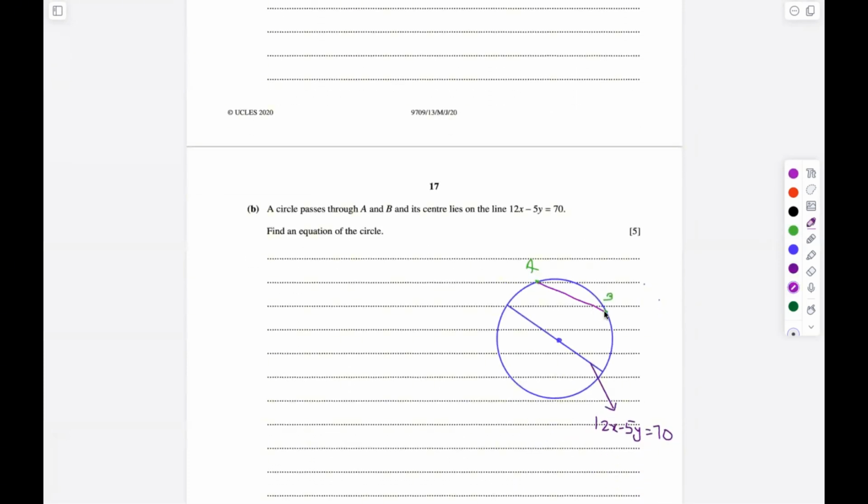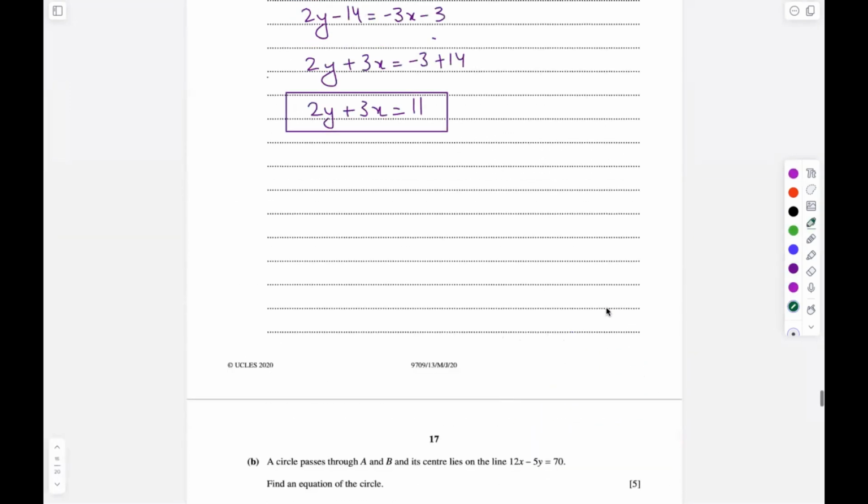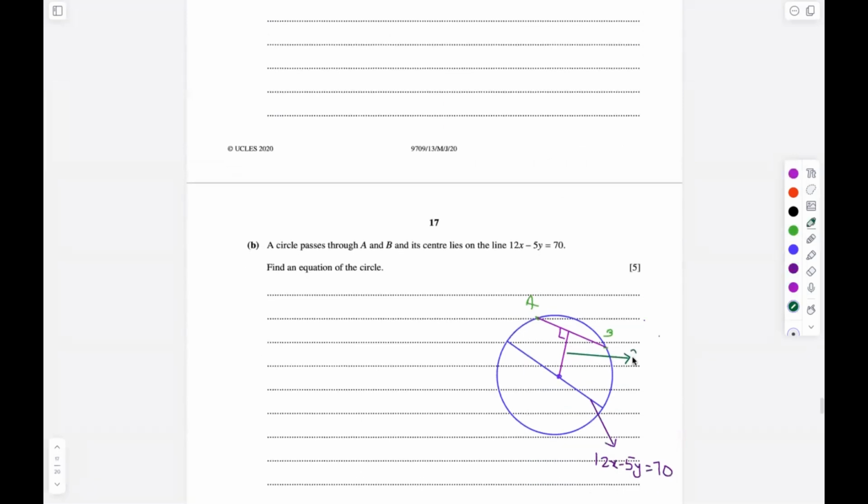If we have 2 points on the circumference, and we make a perpendicular bisector from this point to the center, it makes a right angle up here. And as we already have the equation of this perpendicular line, 2y + 3x = 11, if we solve these two equations simultaneously, we'll be able to find the coordinates of the center.